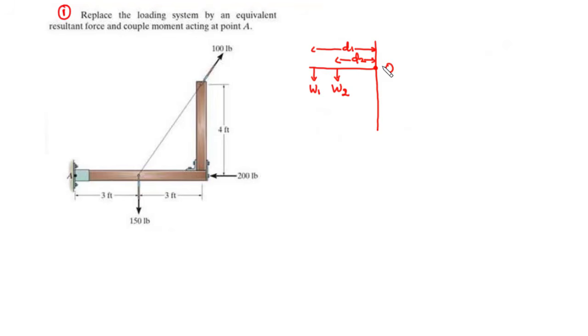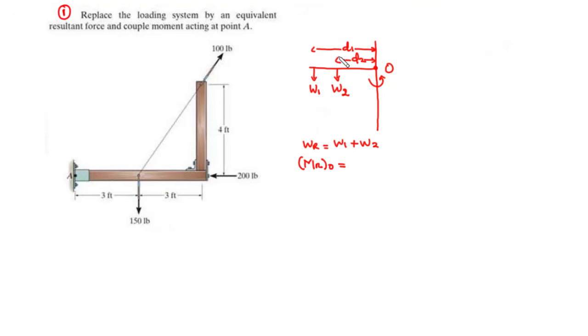Now, the weights of the traffic lights W1 and W2 can be replaced by an equivalent resultant force such that we have WR, that is the equivalent resultant force, to be equal to W1 plus W2 and a resultant couple moment about O. So we want to take the moment about O, and then we have the resultant couple moment about O to be equal to, so we have the force times the perpendicular distance.